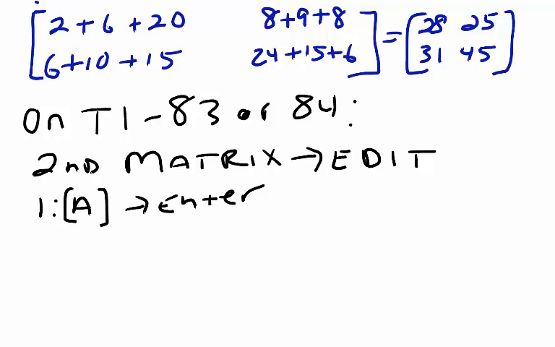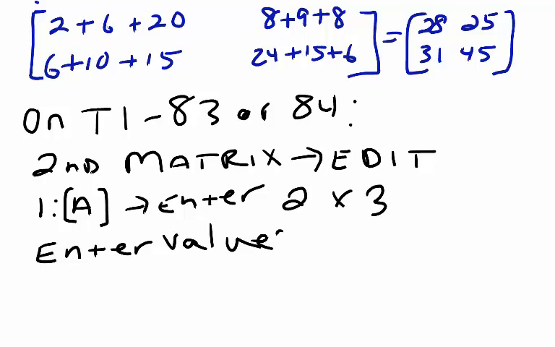Then, at the top of the screen, you'll enter the number of rows and number of columns. In our case, matrix A has 2 rows by 3 columns. So we show it's a 2 by 3 matrix. Then you'll enter your values into the matrix, and you enter them in row by row.